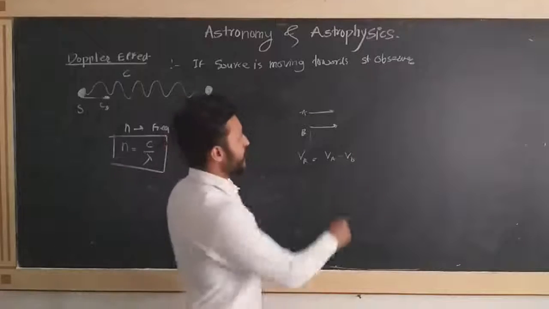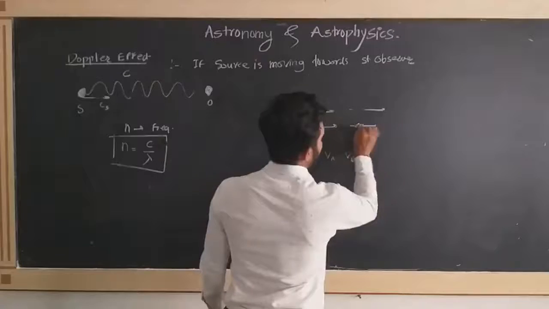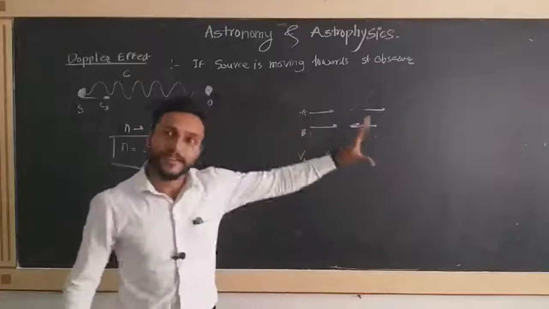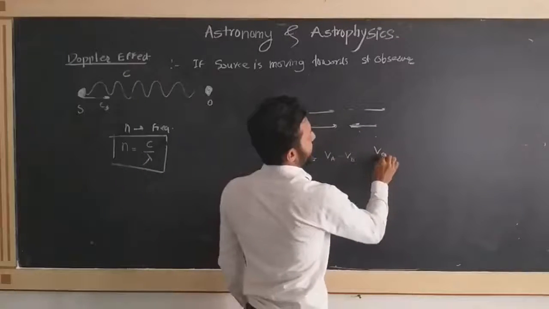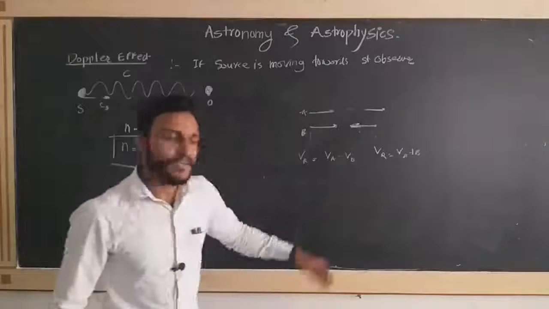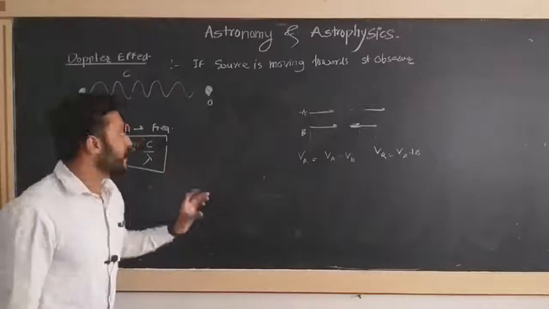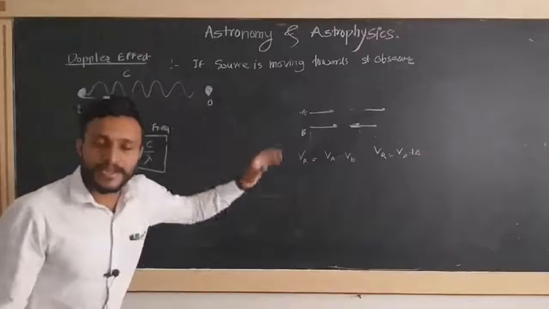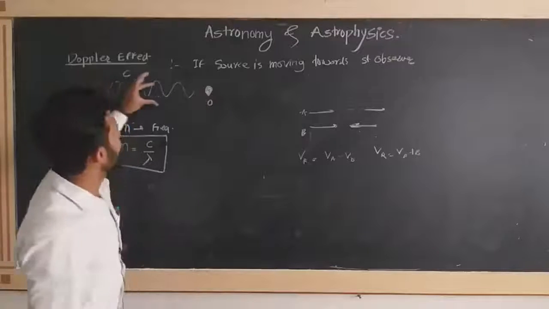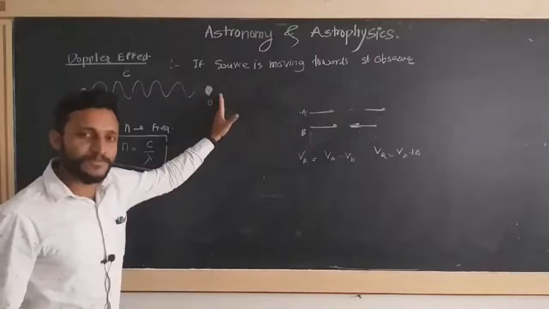But if car B is moving in the opposite direction, then the relative velocity Vr is equal to Va plus Vb. Make it clear. So in this case, the velocity of the source as well as the velocity of light both are moving in the same direction towards the stationary observer.